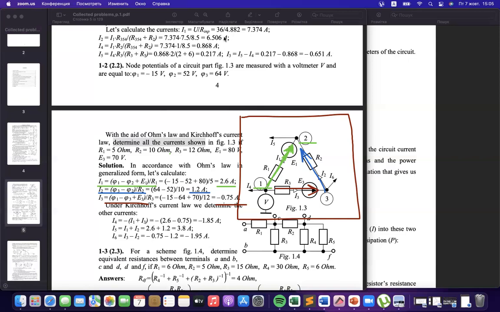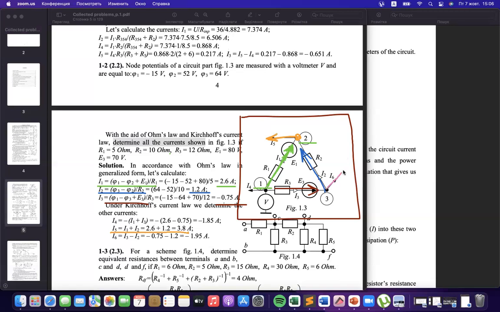And after that, you could apply the Kirchhoff law to find all other currents. If you see that the green current and blue current concentrate in point number 2, their sum will give you current number 5, according to Kirchhoff current law. Current number 5 as a sum, 2.6 plus 1.2, is 3.8 amperes.